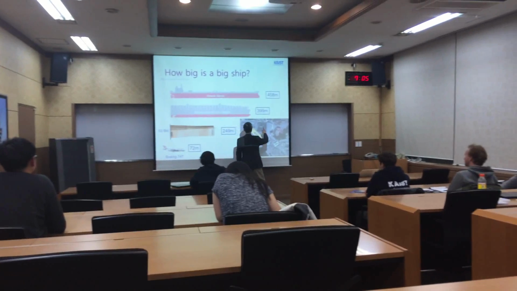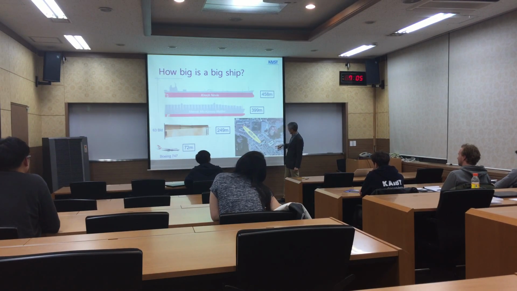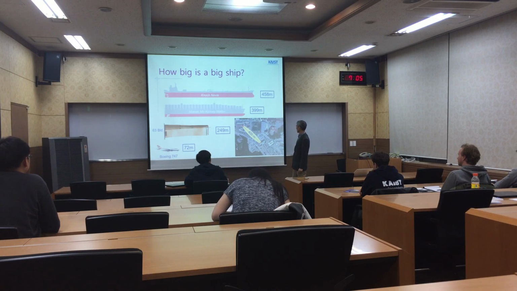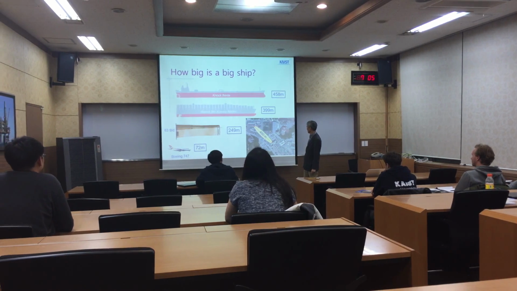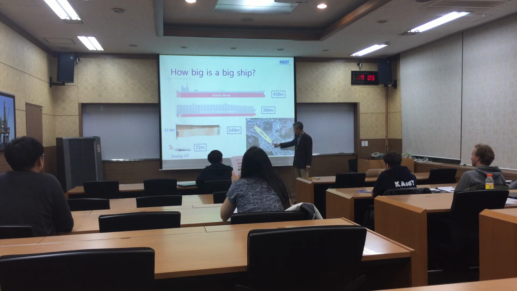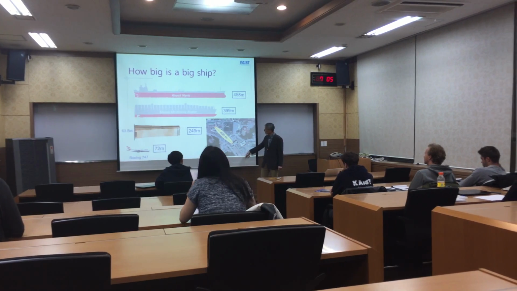This is 400 meters drawn upon the KAIST map. This is the main administration building where the president of KAIST is located, and all the offices for administration. Main gate is here.